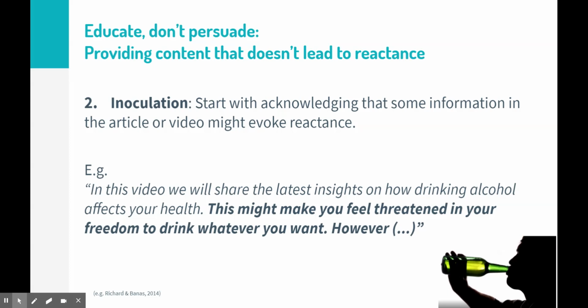So the message said something like, we will share the latest insights on how drinking alcohol affects your health. Well, this might make you feel threatened in your freedom to drink whatever you want, however, and so on. And by acknowledging these feelings up front, the reactance among students actually decreased. And this made the message more persuasive and in the end also resulted in lower intentions to consume alcohol.